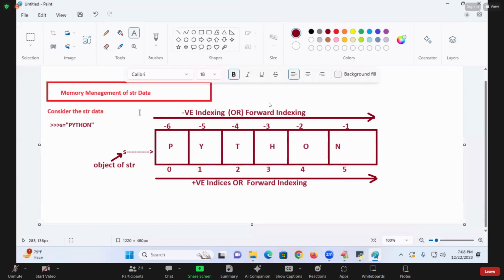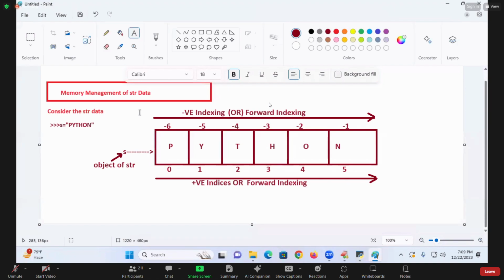How many types of indexes are possible in Python? 2 types: one is positive indexing, the other negative indexing. Now I will ask 4 beautiful questions. If you answer all 4 now, you are good. First question: in forward indexing, the starting index is what? Good, 1 mark you got. Next answer wrong.